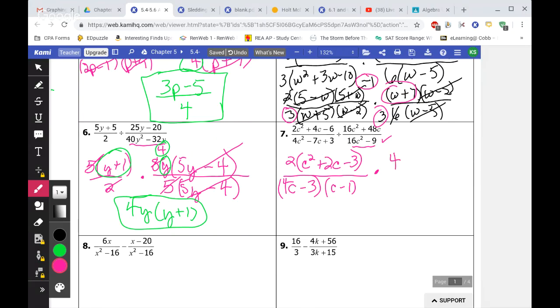So that factors to be 4c minus 3 and 4c plus 3, just like any other difference of two squares. Maybe not recognizable right away, but you really have to be thinking about 1, 4, 9, 16, 25, all as perfect squares, and just be on the lookout for those. Okay? And then on the top, we can factor out a 16c, and that's going to leave us with c plus 3.